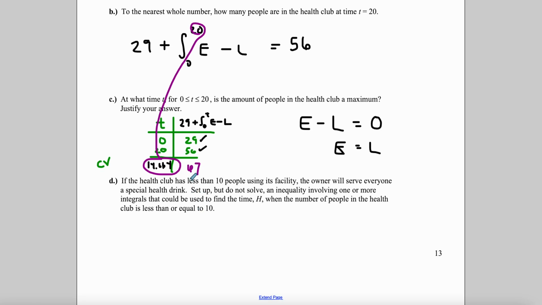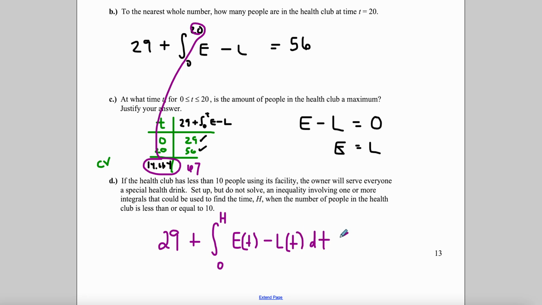Lastly, it wants to know when the health club has less than 10 people. I don't need to solve this. I just need to set up an expression. So I'm going to write down that 29 plus the integral of 0 to, it wants me to call this now h of t, E of t minus L of t dt.